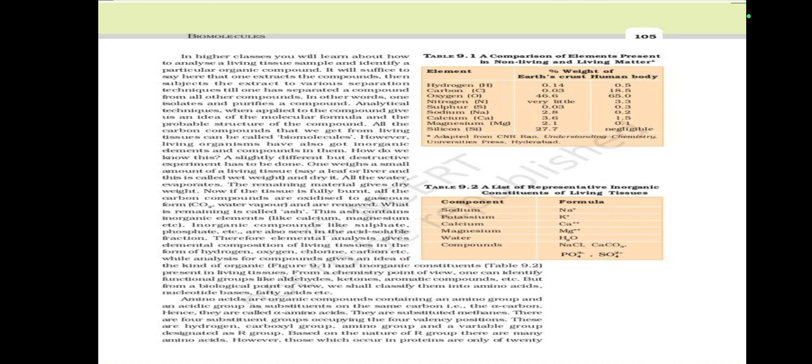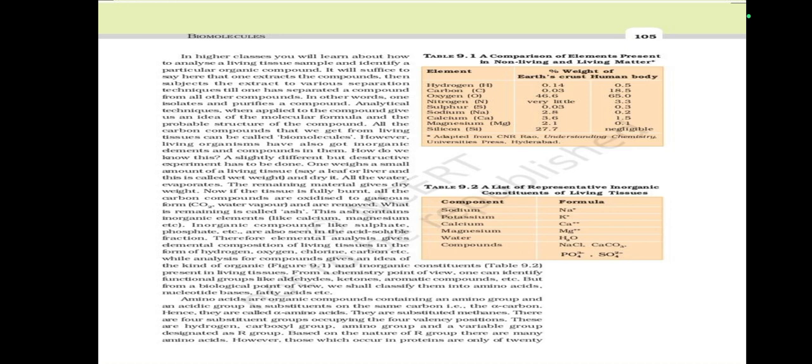In other words, one isolates and purifies a compound. Analytical techniques, when applied to the compound, give us an idea of the molecular formula and the probable structure of the compound. All the carbon compounds that we get from living tissues can be called biomolecules.